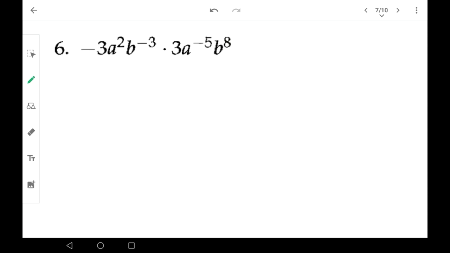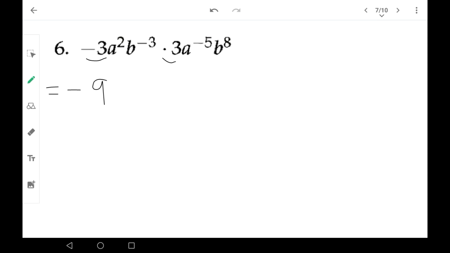Here we have negative 3a squared b cubed times 3a to the negative 5 and b to the 8, right? So what we have to do here is multiply the coefficients first, right? This times this, and then I will get negative 9, and then I can deal with the algebraic part, or with a and b, right?